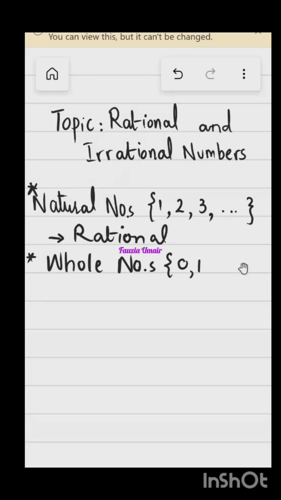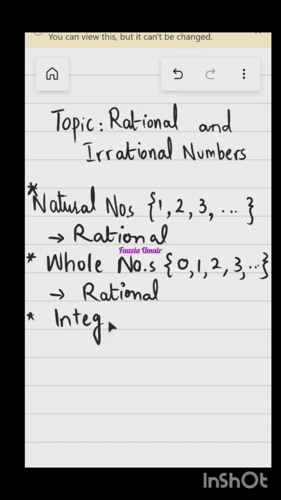We said natural numbers are rational. When we are talking about whole numbers, we are actually talking about this zero. Is zero a rational number or not? For your information, zero is also a rational number.